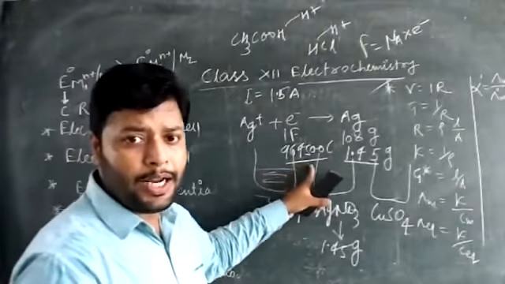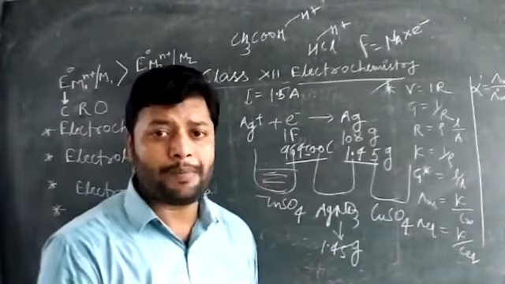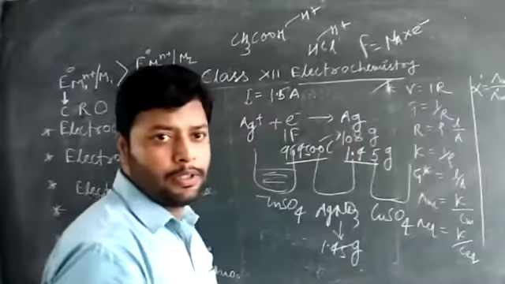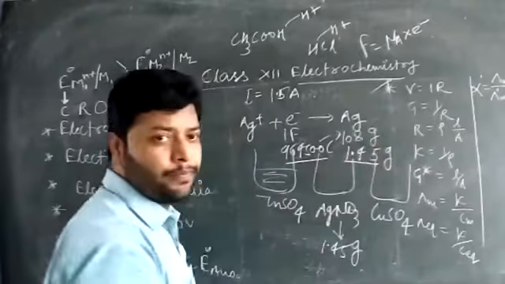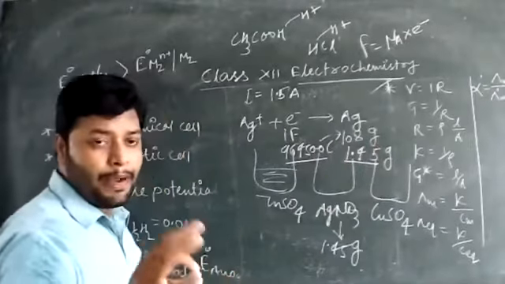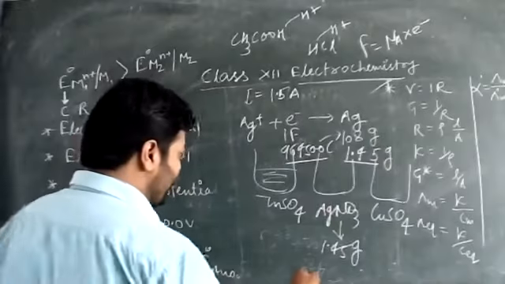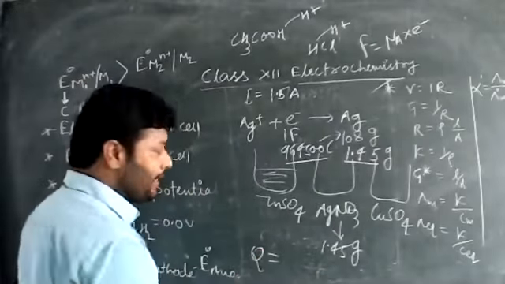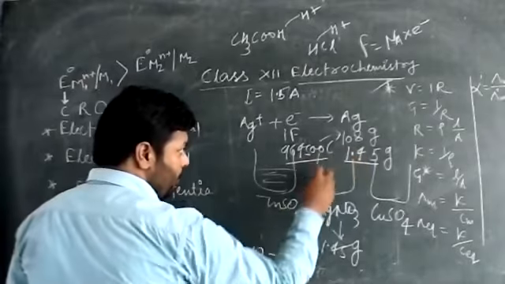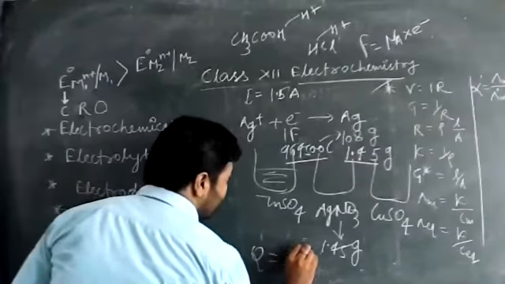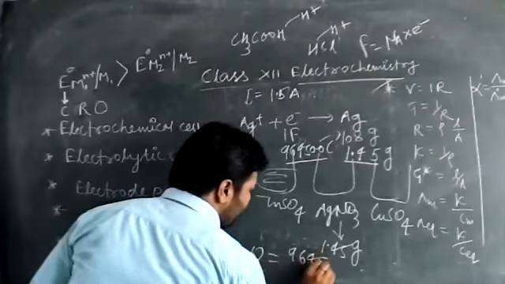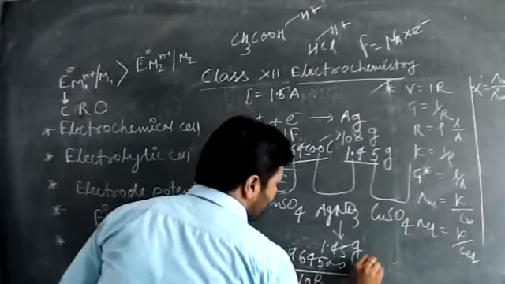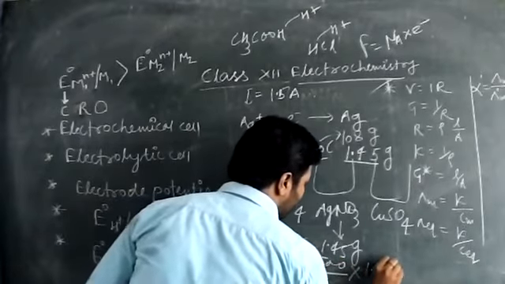So this amount of charge is required for 108 gram, and for 1.45 gram the charge will be Q equal to 96,500 upon 108 into 1.45.